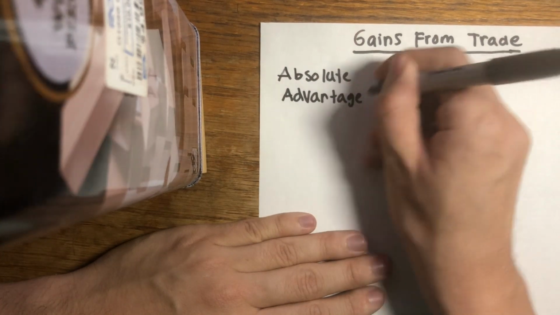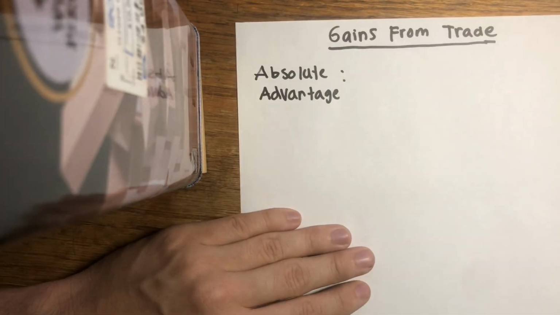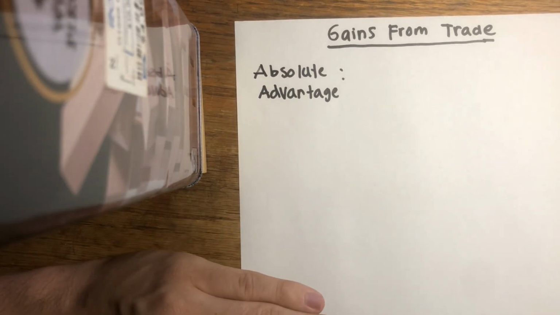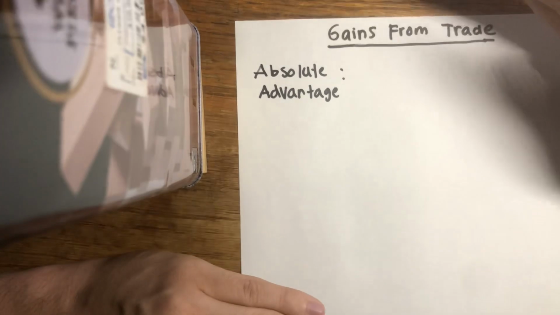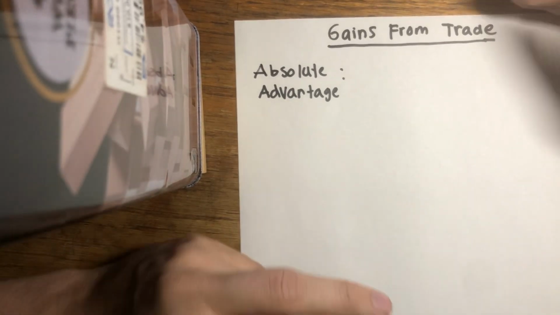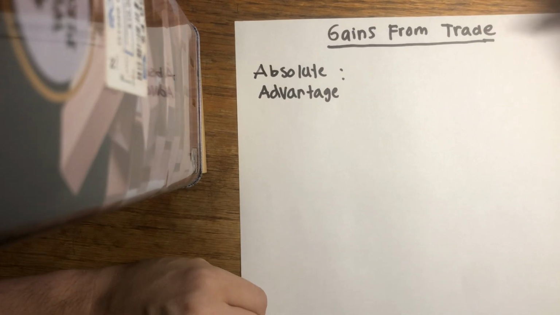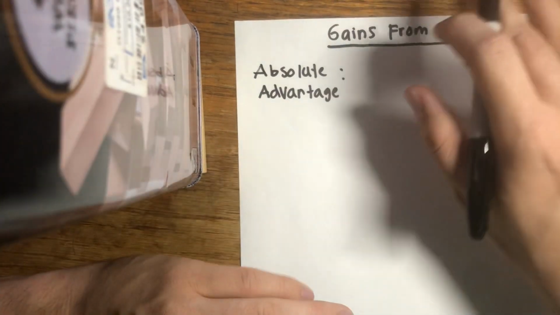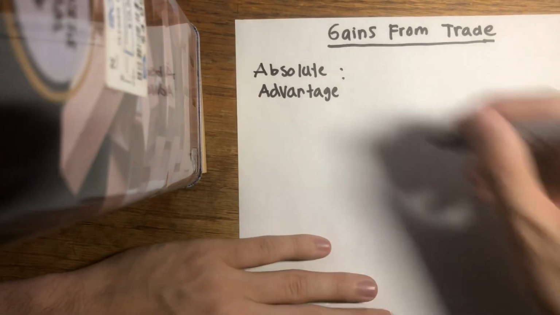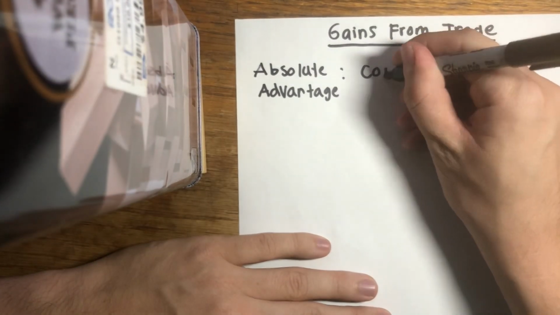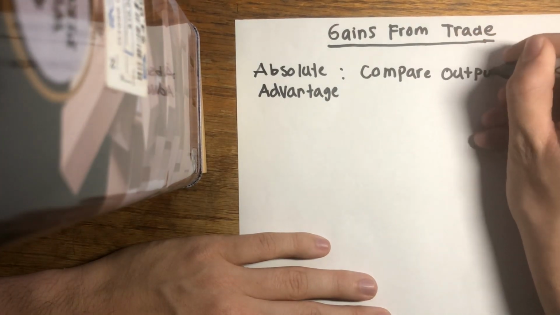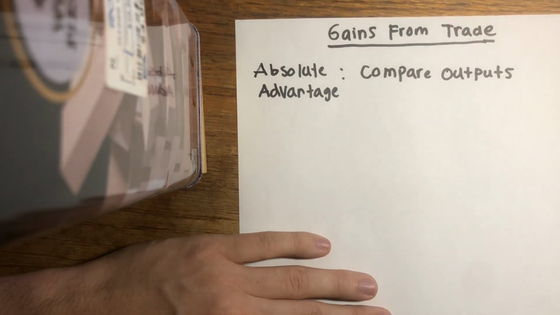Absolute advantage states that if a producer can produce more of a good given less inputs relative to the other person, then they have that absolute advantage. So generally, when you're looking in terms of absolute advantage between two producers and two separate goods, you typically compare outputs. You're looking at the output of the good and seeing simply who can make more.